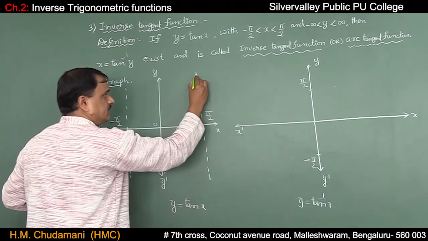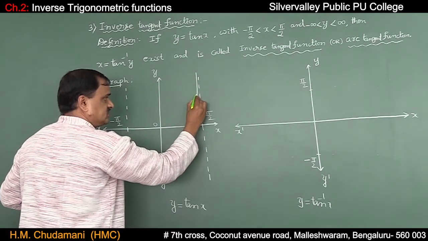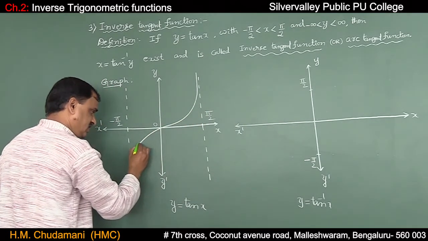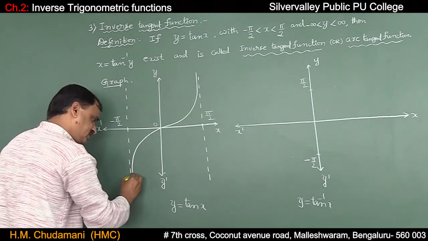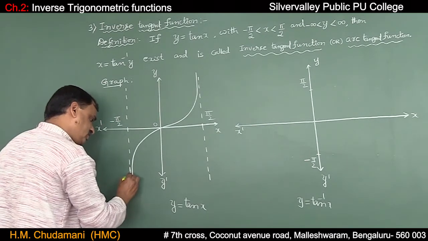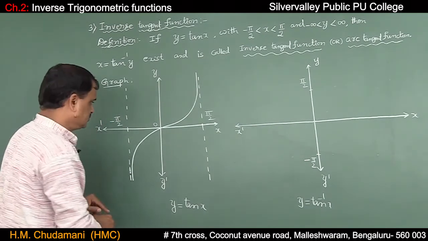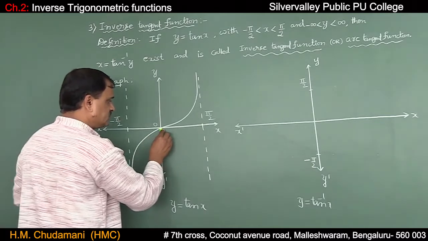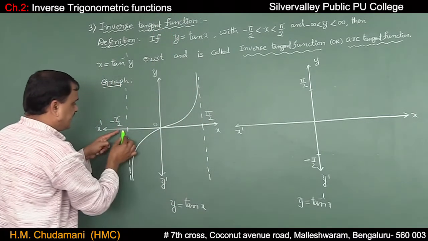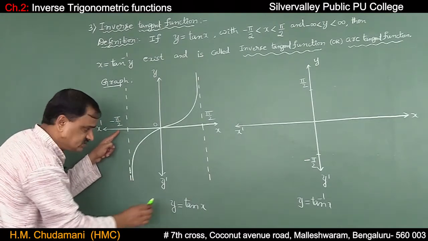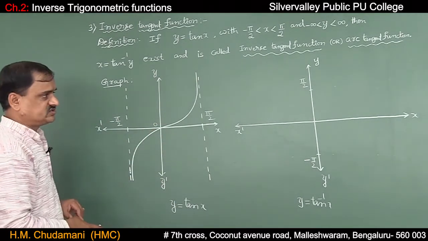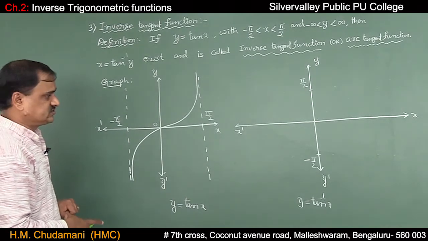It won't touch x is equal to pi by 2. It touches somewhere at infinity. That is what we call an asymptote. Tan 0 is 0. Tan pi by 2 is plus infinity. Tan minus pi by 2 is minus infinity. This is the graph of y is equal to tan x.